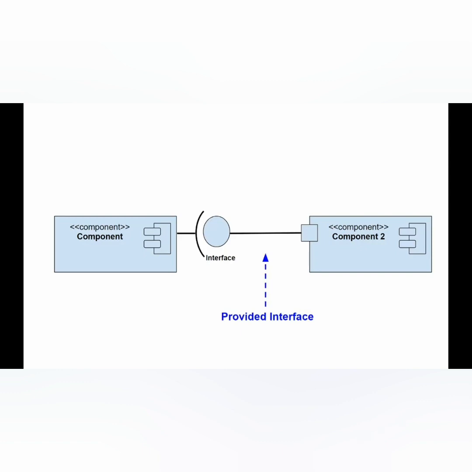This symbol is known by the nickname lollipop and is a shorthand for a realization relationship of an interface classifier. Required interface is indicated by a semicircle at the end, and as you might guess, it indicates the interface that the component needs to perform a task. In both cases, the interface's name is placed next to the interface symbol.